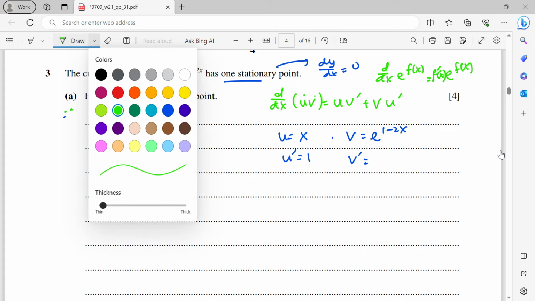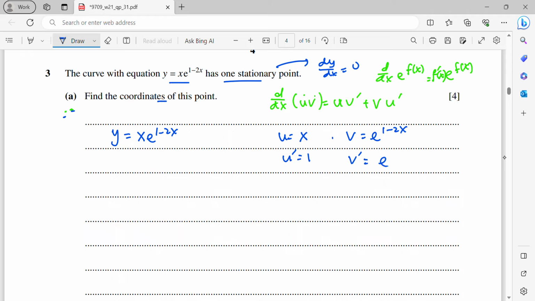So now I will be getting e^(1 minus 2x) times the derivative of 1 minus 2x, which is minus 2. Therefore, the answer is minus 2e^(1 minus 2x). Okay, then now substitute into the product rule. So I will get dy/dx equals uv prime, so x times negative 2e^(1 minus 2x), plus vu prime, so e to the power of 1 minus 2x.